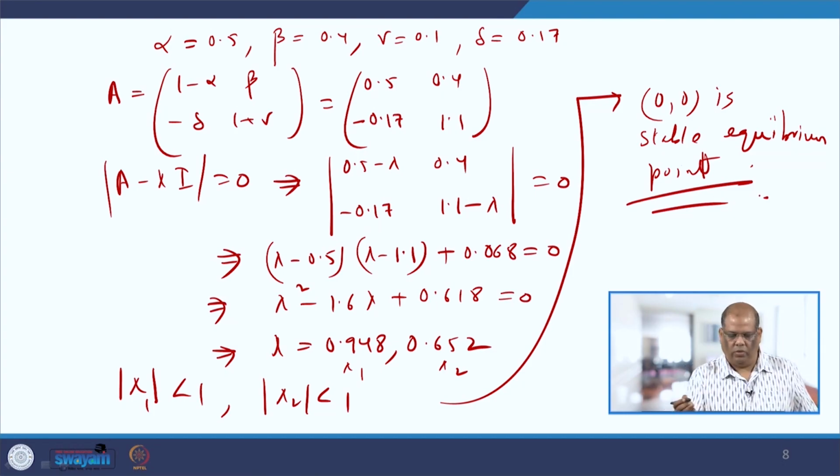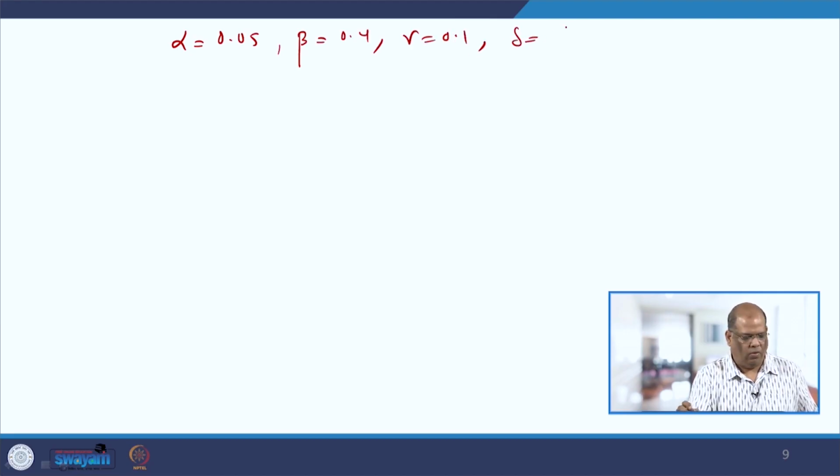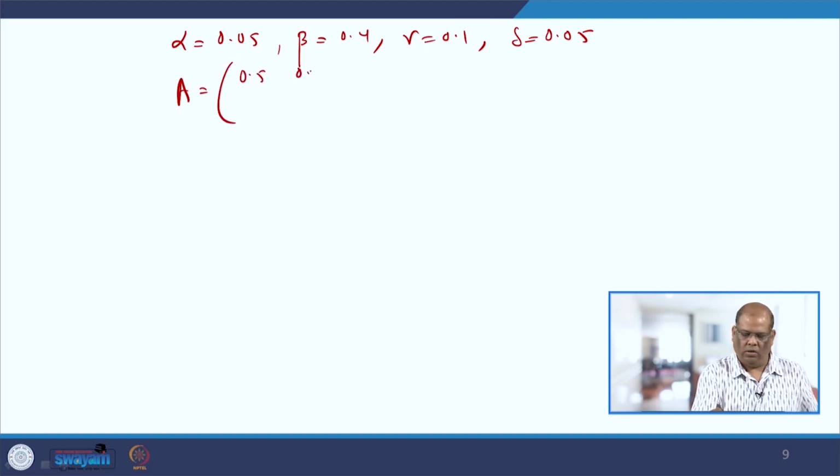However, if you change the values, say alpha equal to 0.05, beta equal to 0.4, gamma equal to 0.1 and delta equal to 0.05, in this particular case your coefficient matrix is 0.95, 0.4, minus 0.05 and 1.1.